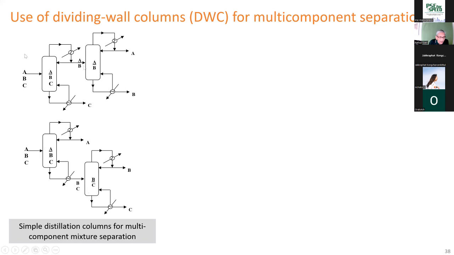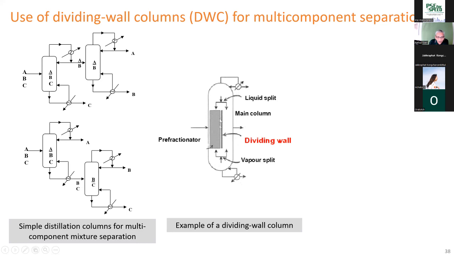So instead of using 2 distillation columns, the dividing wall column says that you can put one of the columns inside and have a division here, and the other column is the main column. And then we can get A, B, C. Here is A, here is B, here is C. So dividing wall columns can be used for ternary separations. And if you have quaternary, then you need more columns. But for ternary separations, instead of using 2 columns, 1 column could be used, but another column is inside.